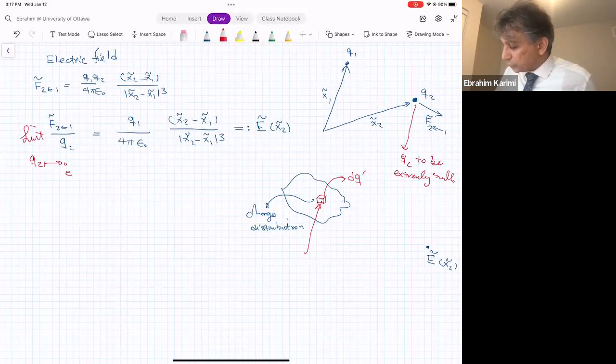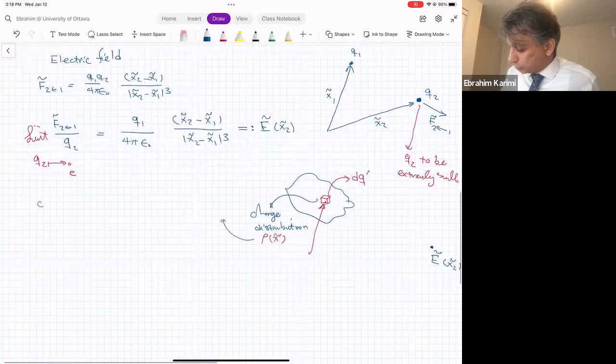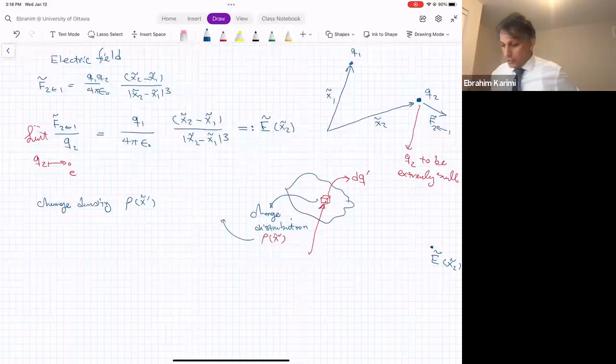We assume that the charge distribution is given with the density rho of x prime, the charge density. For the time being, we assume that this charge density is only a function of position, not a function of time, not moving around. It's just fixed there, electrostatic so far.